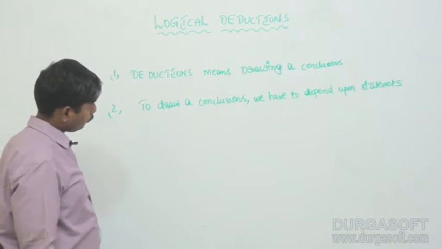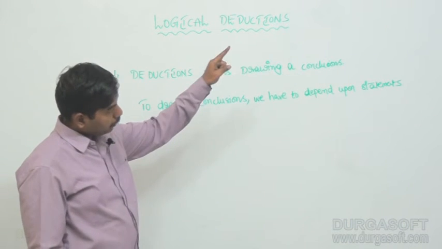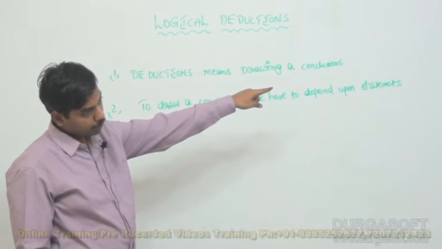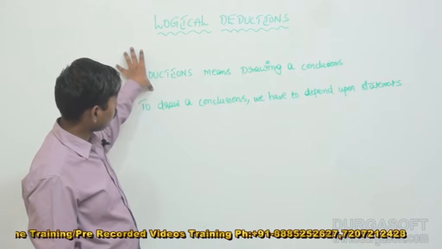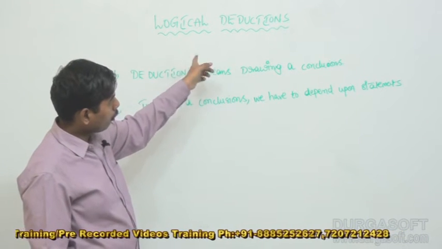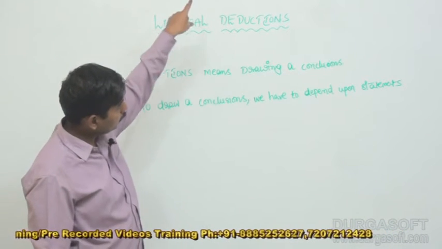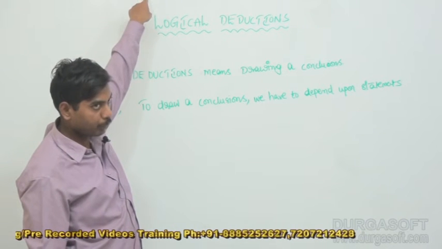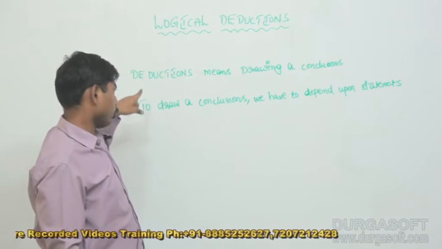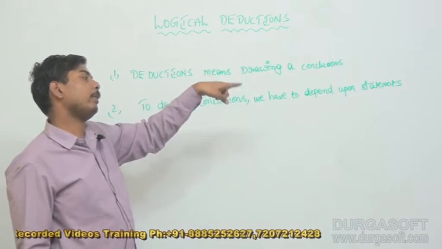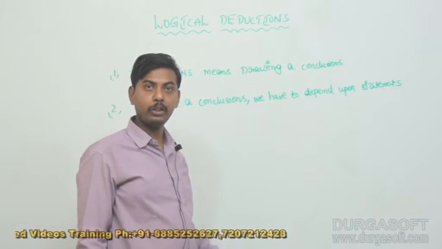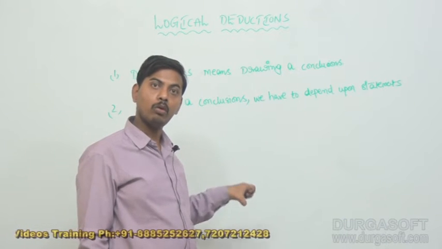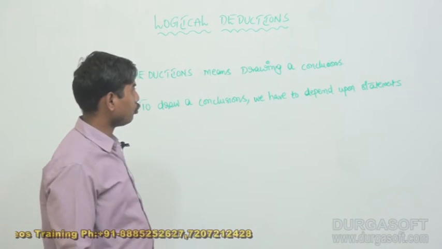Now we came to understand something. Deductions means drawing a conclusion. Drawing a conclusion means logically we have to draw the conclusion with respect to the title here. To draw a conclusion we have to depend upon statements. Statements only will be available in the questions. By using those statements only we have to draw the conclusion.